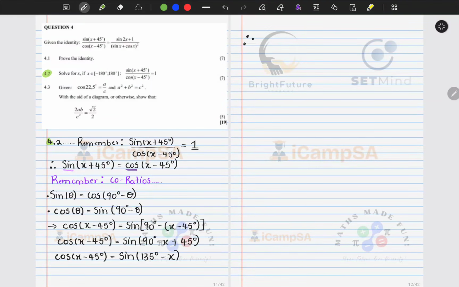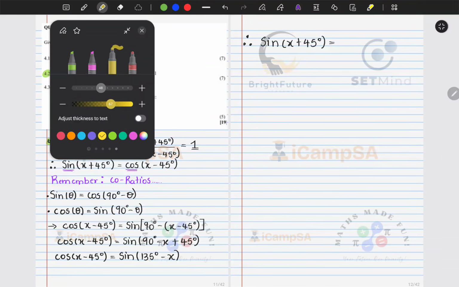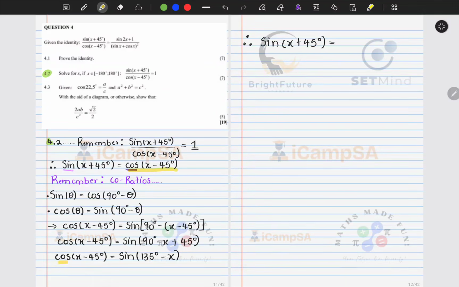This means that our sine of x plus 45, which was equal to this cos here, which is now equal to that. So it is equal to sine of 135 degrees minus x.